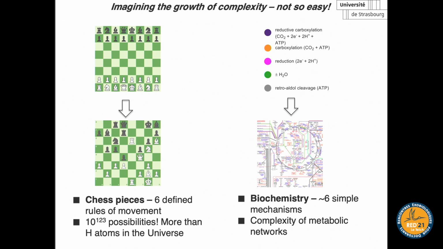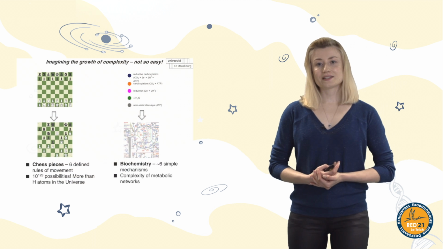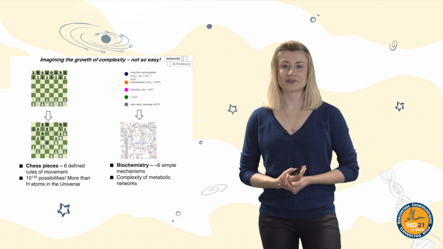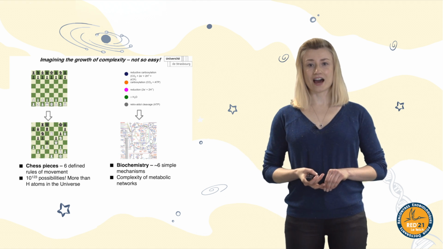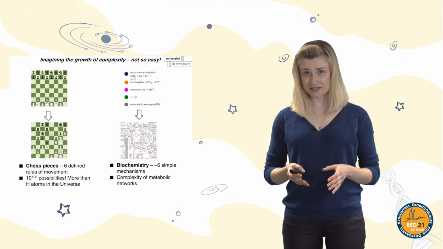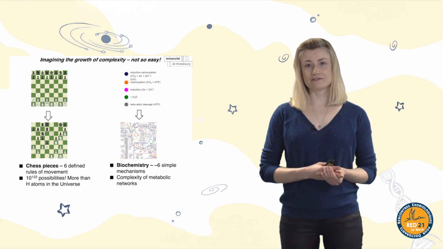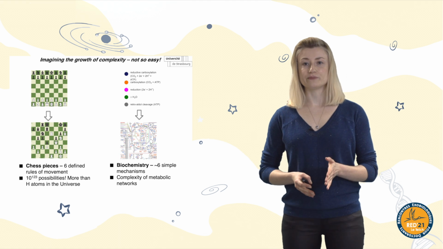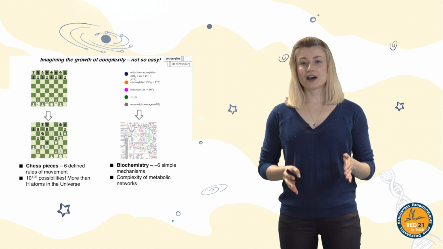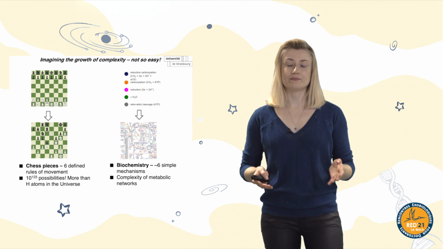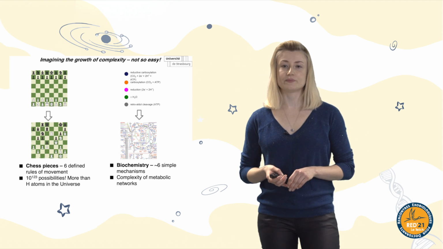So this example I'm showing here is obviously not very related to chemistry, nor is it related to biology. But take a game of chess. So we have 6 types of pieces, each of which can move in a specific way. So we have 6 types of movement that are allowed. And we have a space which is limited by the 64 squares of the chessboard.